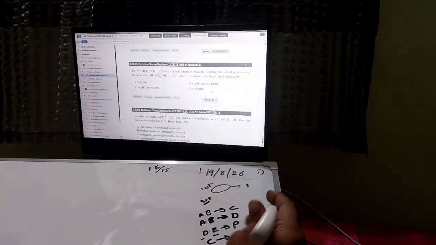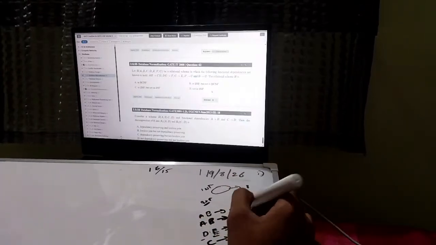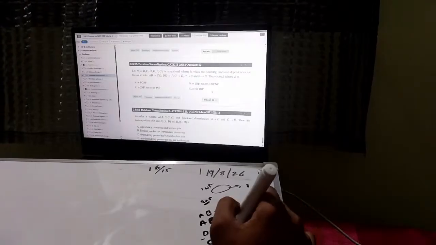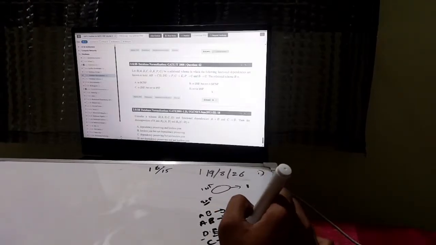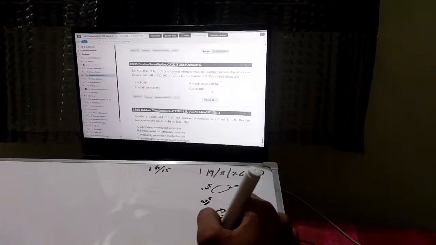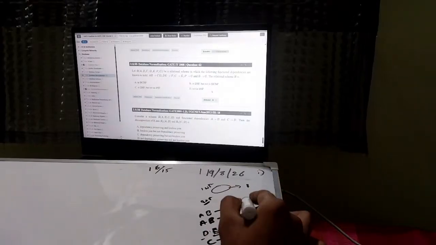D tends to P. Okay, AB tends to, we have to check with single. Okay, D single. So is there any E? Okay, here C is there. C tends to E. So if P tends to C, we have to look only for this. So is there any B linked to this?